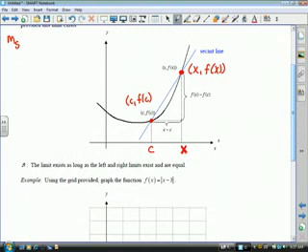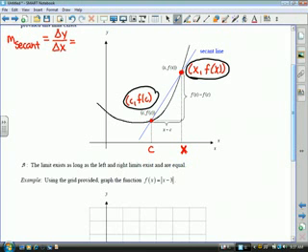Correct that on your handout. So if I do the slope of the secant using change in y over change in x, using these 2 points, what would you get? f of x minus f of c over x minus c.